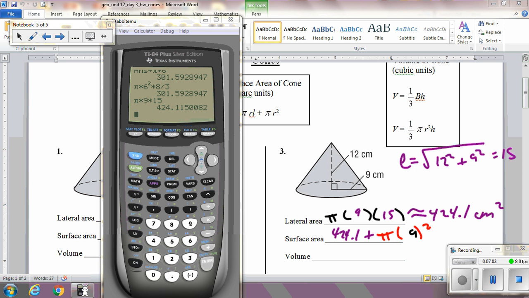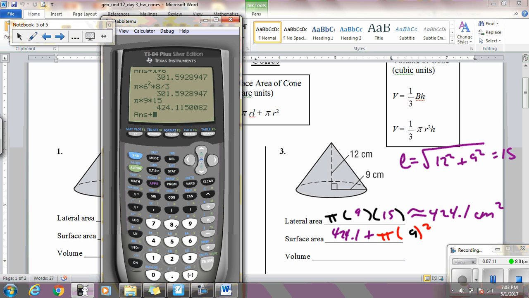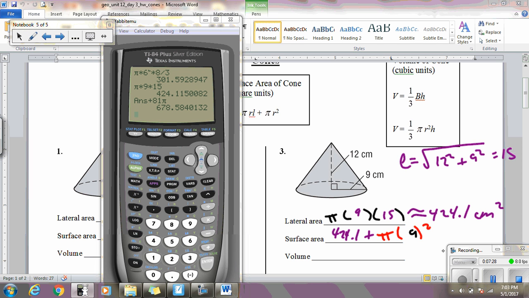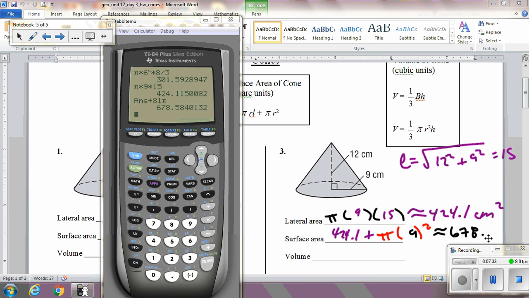And 9 squared is 81, so I'm essentially adding 81 pi. So plus 81 pi. And that's approximately 678.6 centimeters squared.